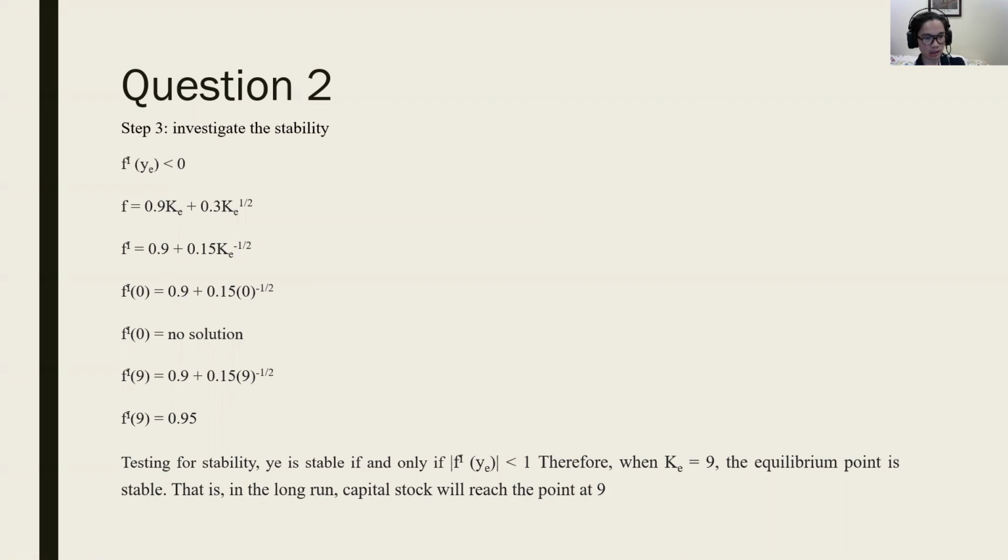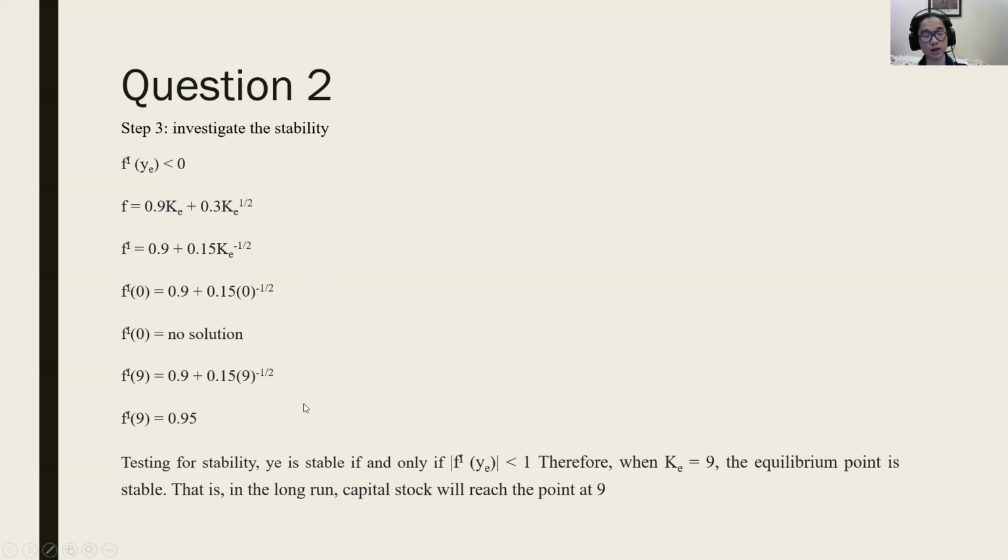First of all, we differentiate f to f prime here with respect to K_e, so it will be 0.9 plus 0.15 K_e to the power of negative half. And then we substitute 0 and 9 into the f prime equation. So for 0, we will have no solution, while for 9, we will have 0.95.